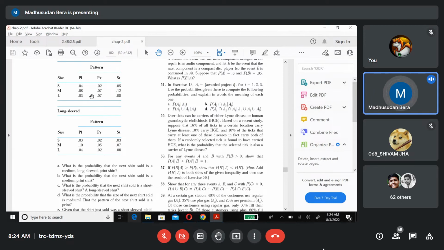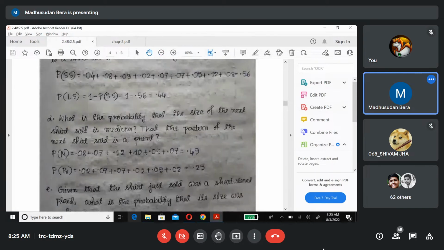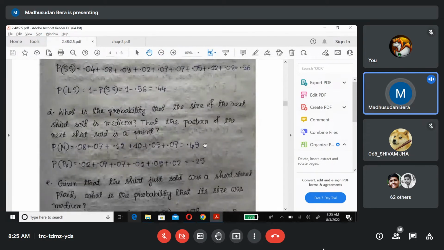So for short sleeved it is 0.08 plus 0.07 plus 0.12, and for long sleeved it is 0.10 plus 0.05 plus 0.07. These three plus these three is the probability that the shirt is medium. That is done here.